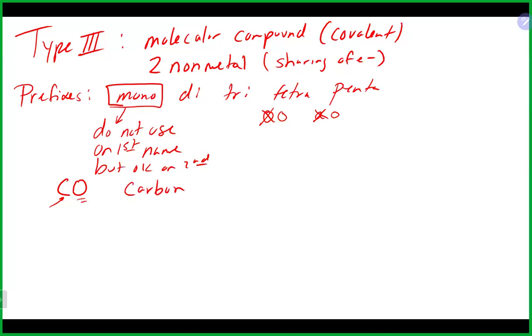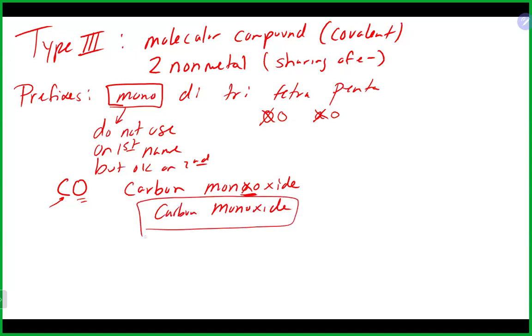The second element ends up with the IDE at the end of its name, like everything else, and with the appropriate prefix, which we can use here. With the mono and the oxide, that backs us up to two O's, so we would get rid of one of the O's. This would be carbon monoxide as the proper name.